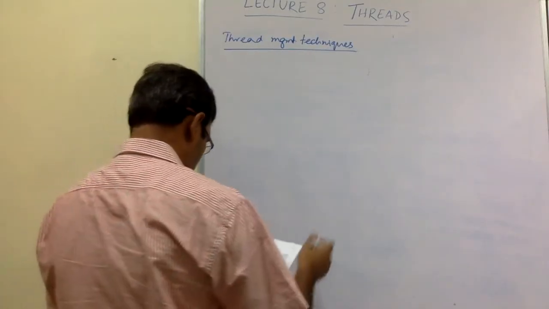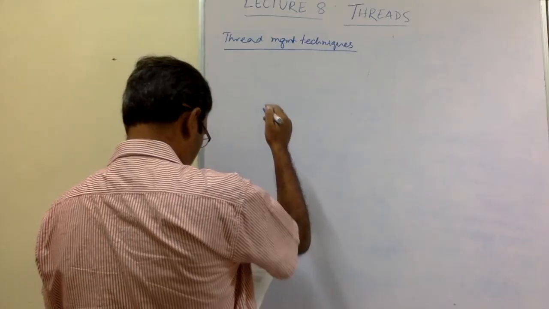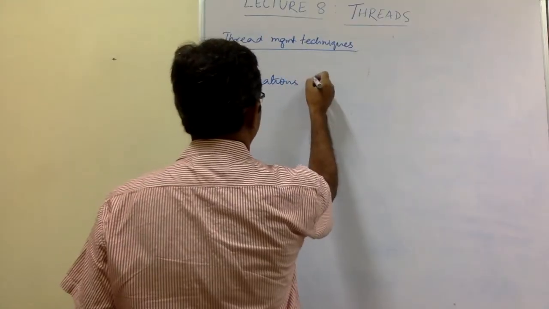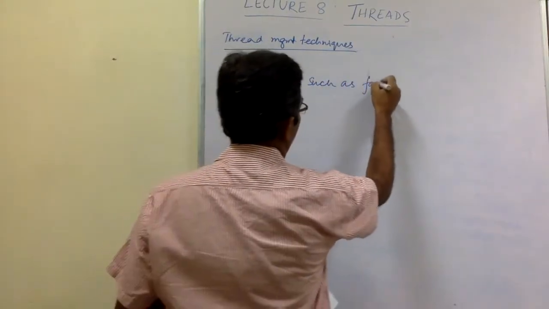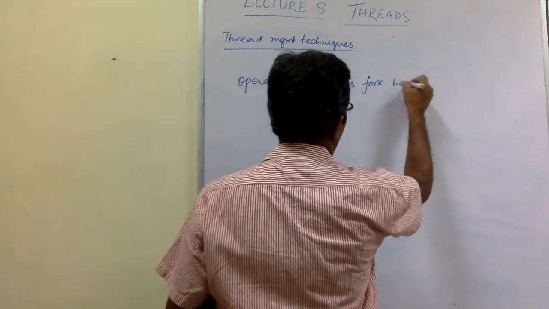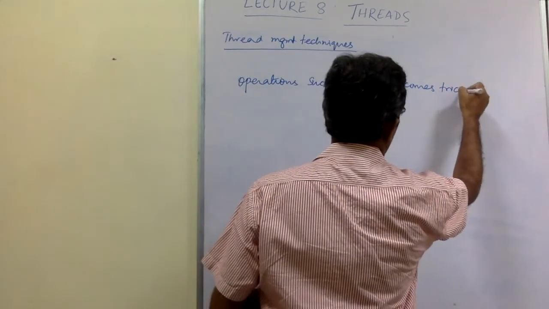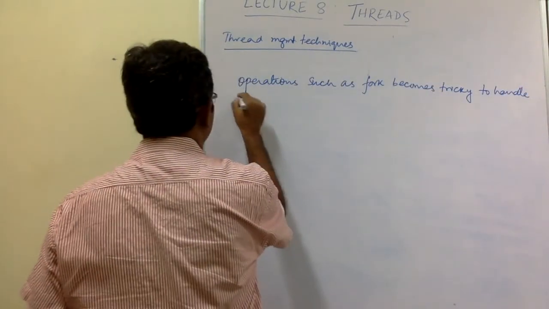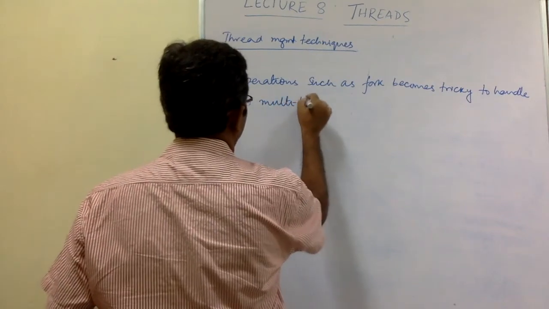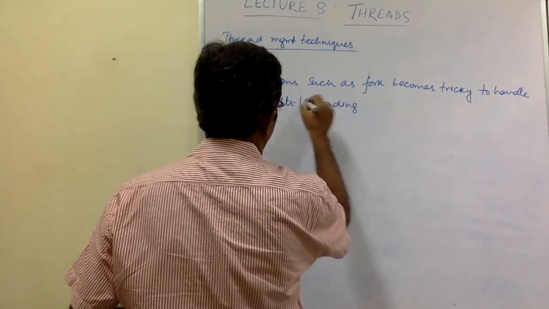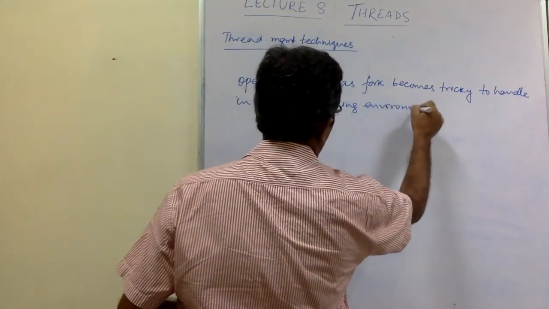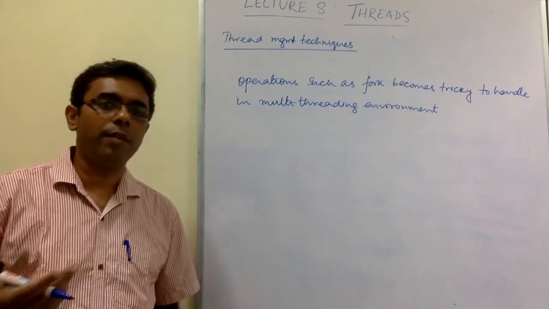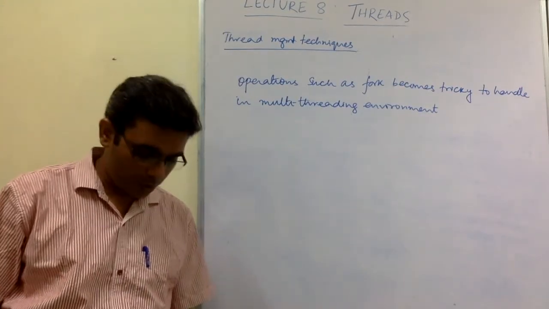Operations such as fork become tricky to handle in a multi-threading environment. Why? Because we know that when a process forks, a child is created.